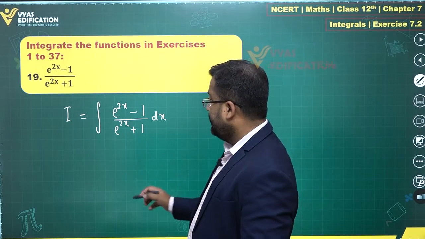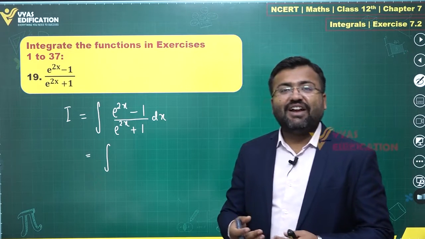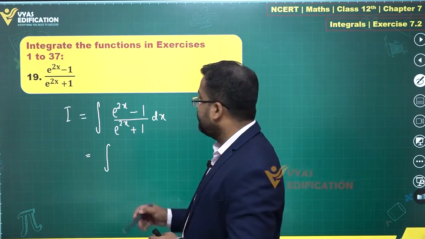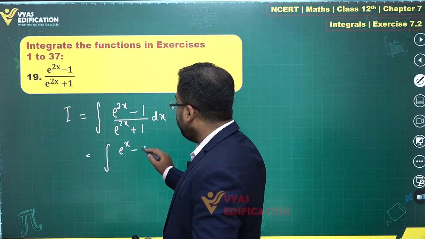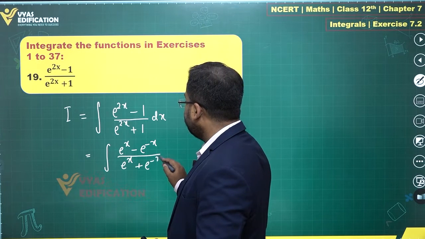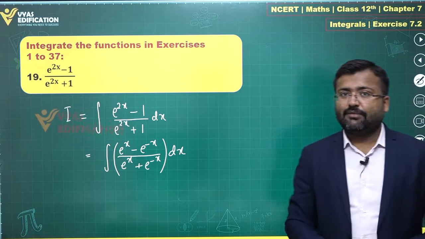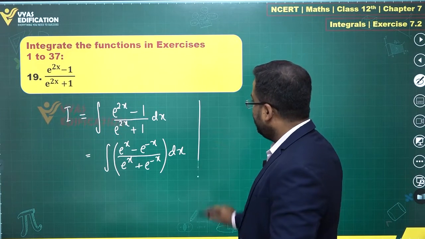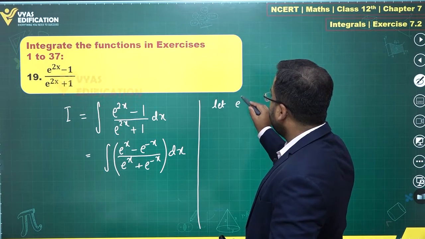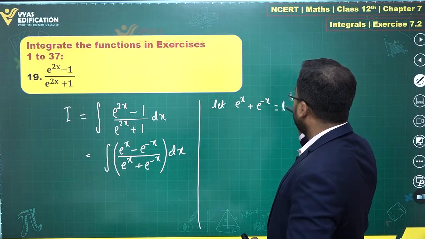So, observe this carefully. I'll divide the numerator and denominator by e power x. So this becomes e power x minus e power minus x over e power x plus e power minus x, and that is the important step. Once you do this, now you can let the denominator, e power x plus e power minus x, be equal to t.